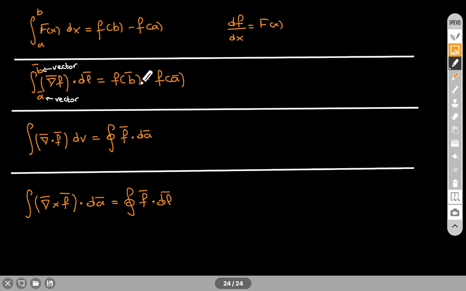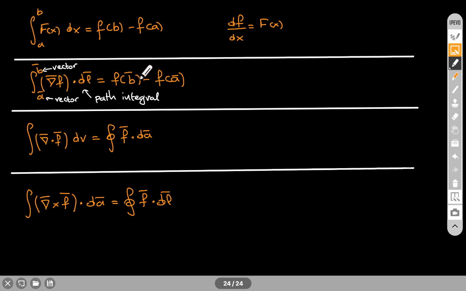Now there are some things that we can conclude from this. As I said, this is a path integral. But I want you to pay attention to the right side.